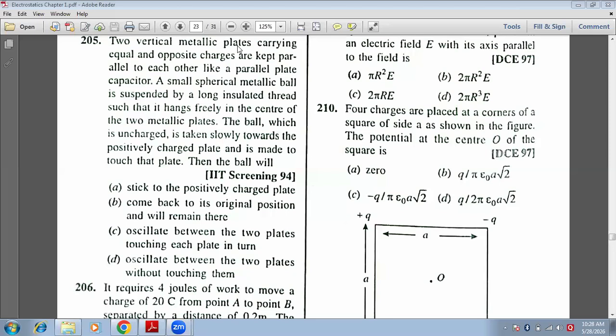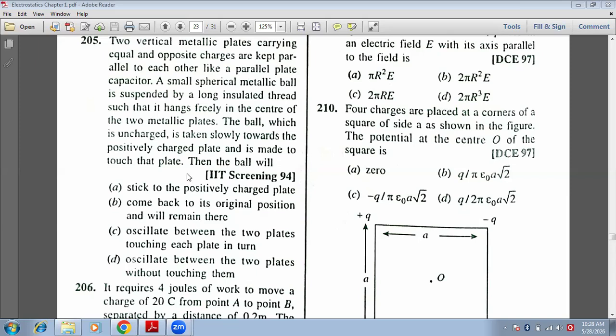Two vertical metallic plates carrying equal and opposite charges are kept parallel to each other like a parallel plate capacitor. A small spherical metallic ball is suspended by a long insulated thread such that it hangs freely in the center of the two metallic plates. The ball, which is uncharged, is taken slowly towards the positively charged plate and is made to touch that plate.